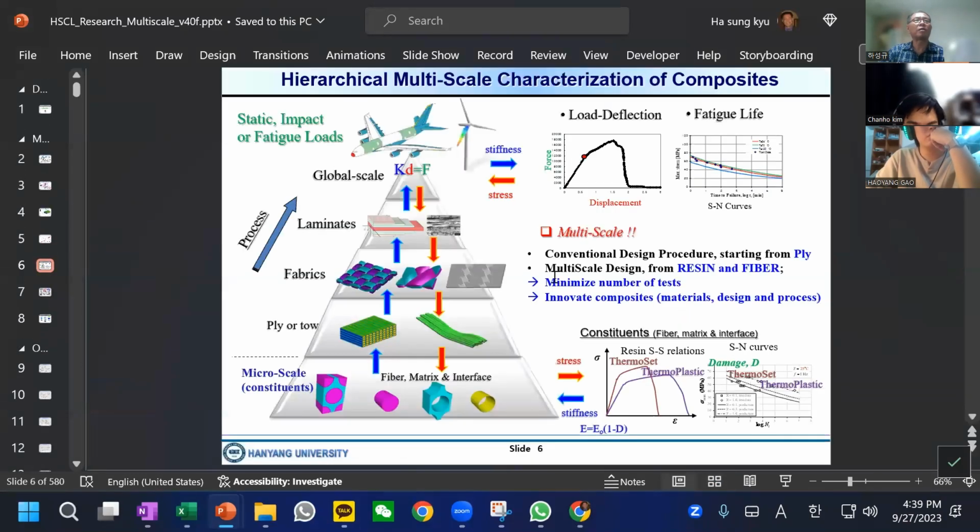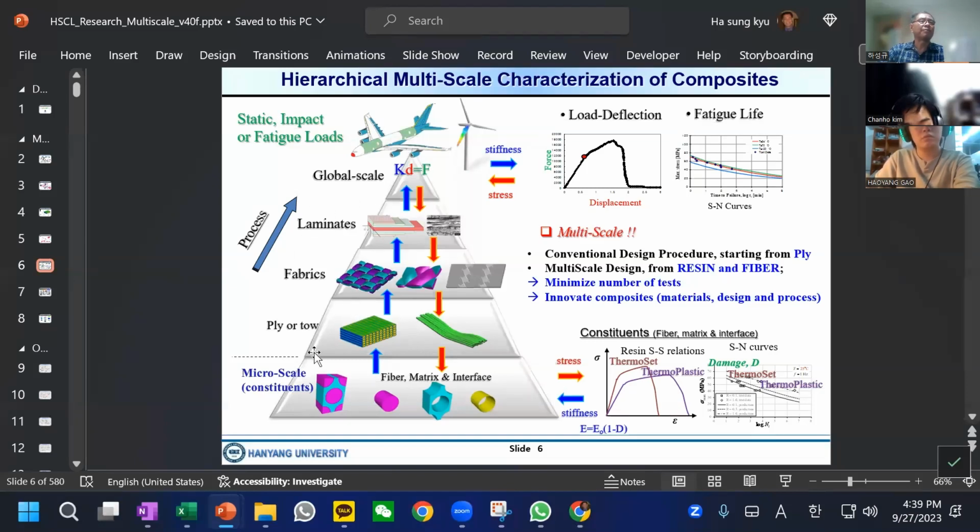Now, next one, very similar to our previous multi-scale overview with just a different name: hierarchical multi-scale characterization of composite. At the bottom, this kind of pyramid hierarchical structure will also help you to visualize how the composite structures can be designed.